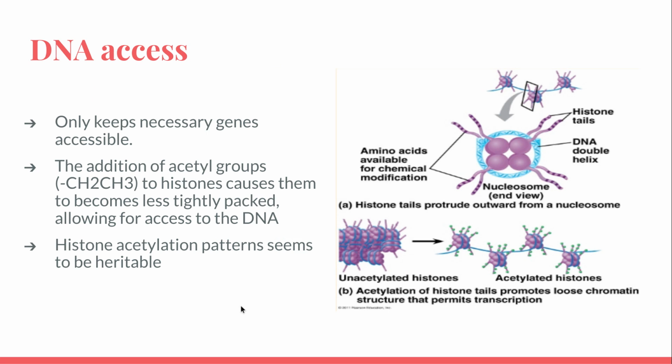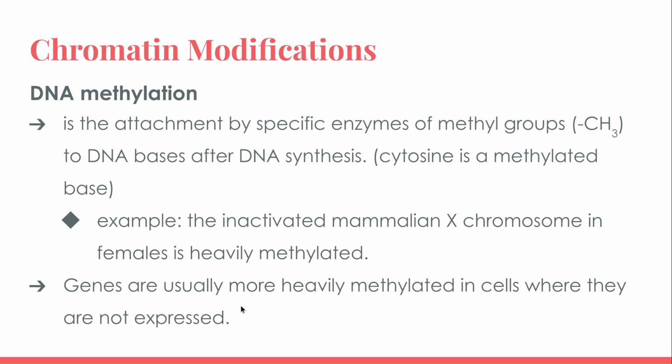The addition of acetyl groups can cause heterochromatin formation. Removal of acetyl groups, which is deacetylation, can lead to opening up of the DNA. Methylation of cytosine nucleotides can cause condensation, basically forming heterochromatin.